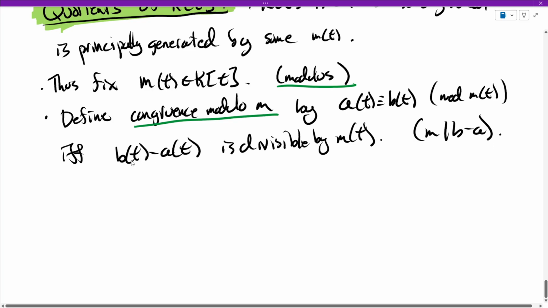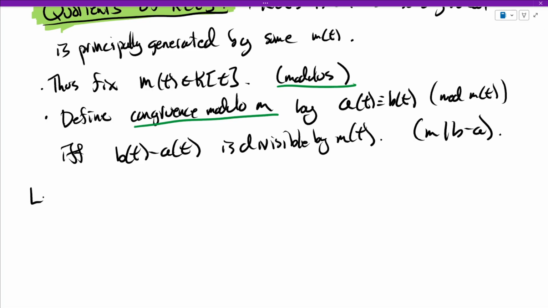So I won't go into a bunch of examples right now, but we will start proving things about it. So our first result is that addition is well defined. That's how you should think about this. So plus is well defined mod m.